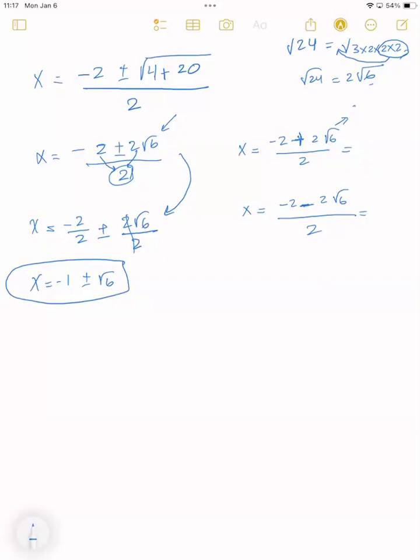I'm going to estimate it as 2.45. So you multiply 2 by 2.45. You get 4.9, so you get -2 plus 4.9 divided by 2. Then you subtract 2 from it, you get 2.9, and then you divide it by 2.